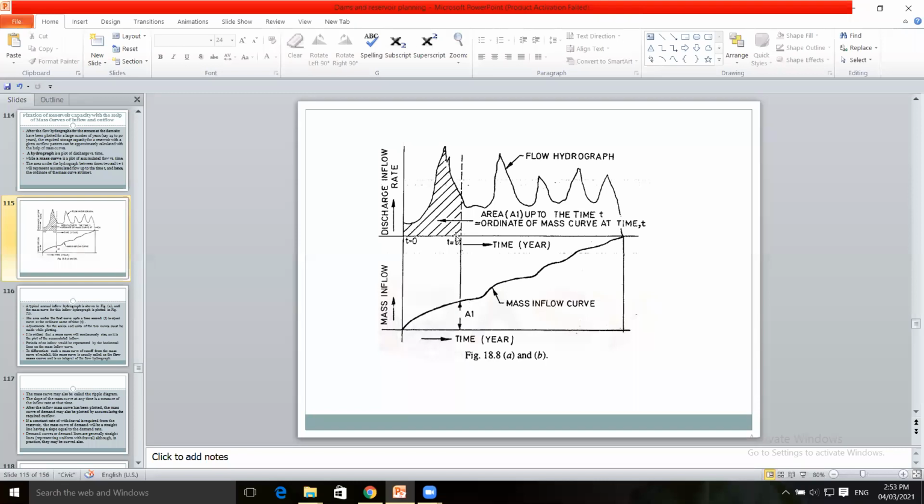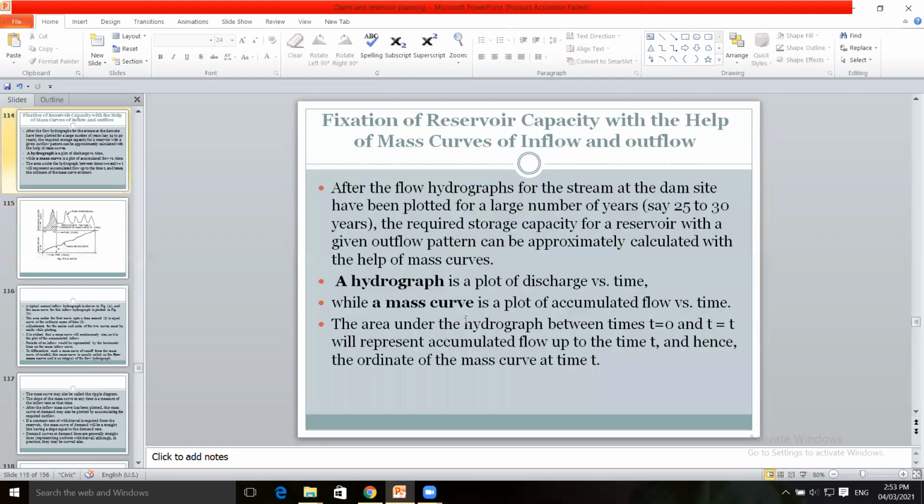So at this point, at time t equal to 10 years, how much the mass inflow is, we can find from the mass inflow curve. That is shown by A1.